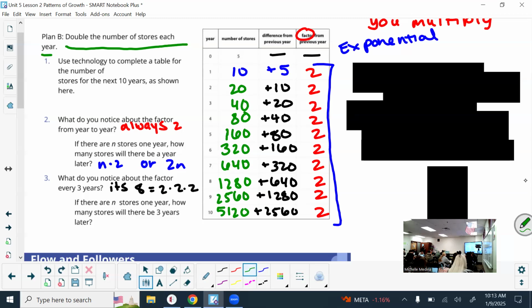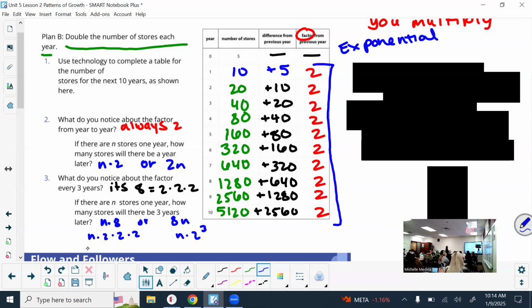Table 5, can you tell me? N times 8. Or you could write it as 8n, or you could write it as n times 2 times 2 times 2, or n times 2 to the 3rd power, lots of ways you could write the same thing.